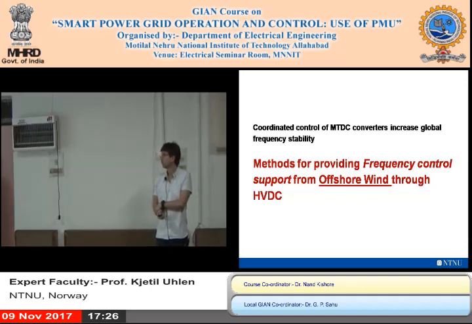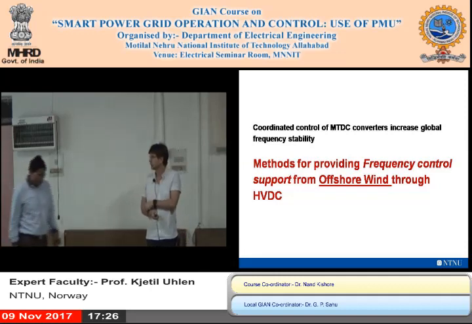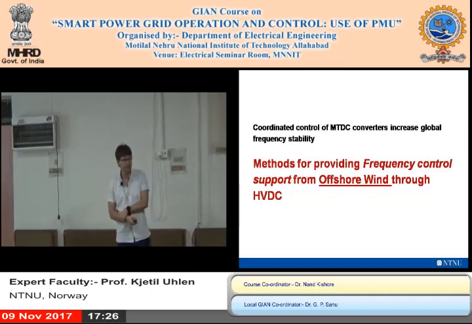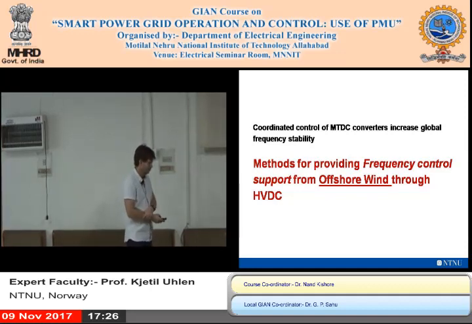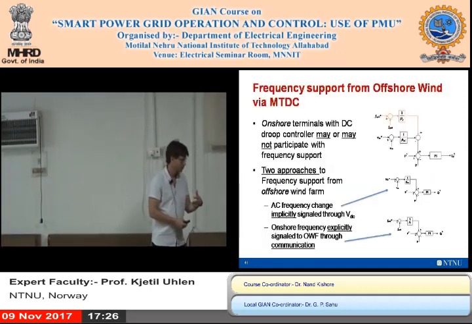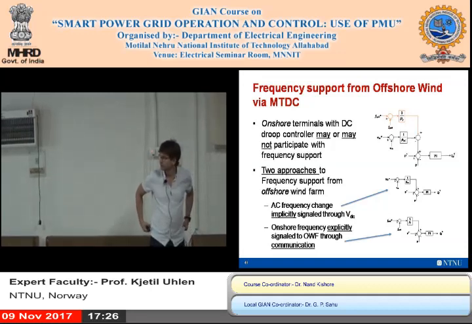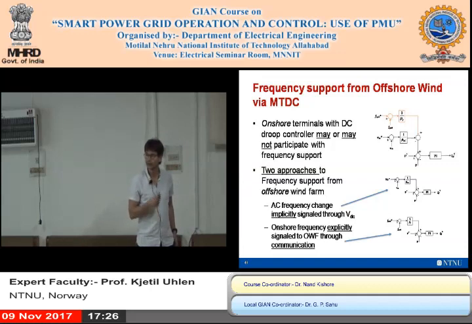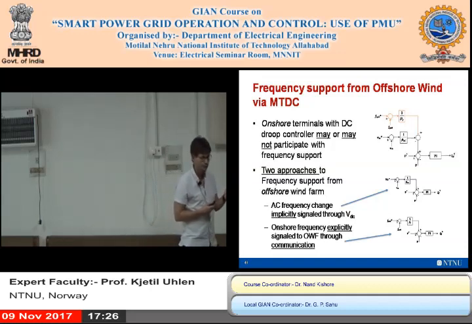I have advocated one solution today, that the support should be based on voltage droop and frequency droop compensation on the converter controls. That is possible, but you could also do it in another way.